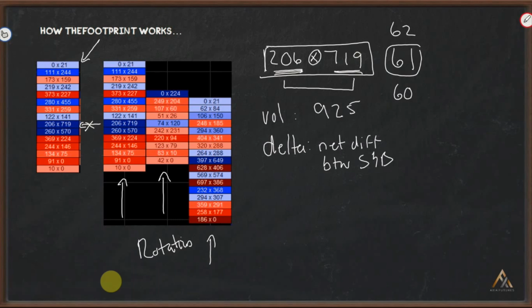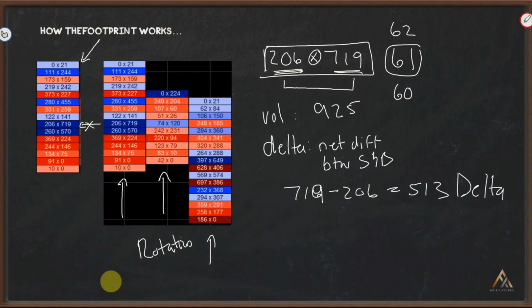If we take 719 minus 206, that gives us 513. So 513 would be called the delta.